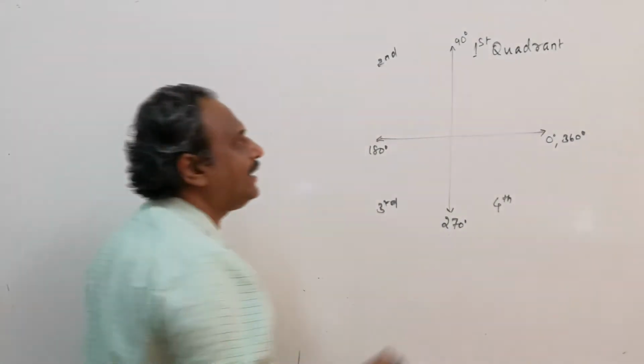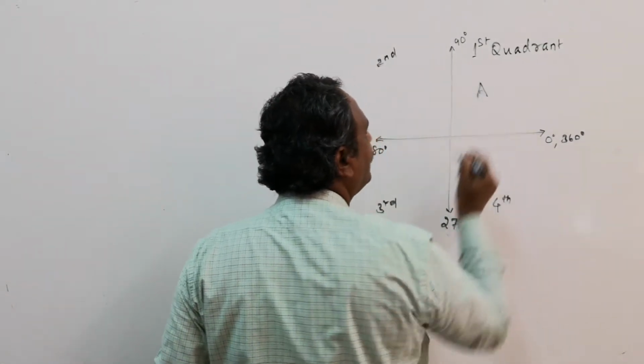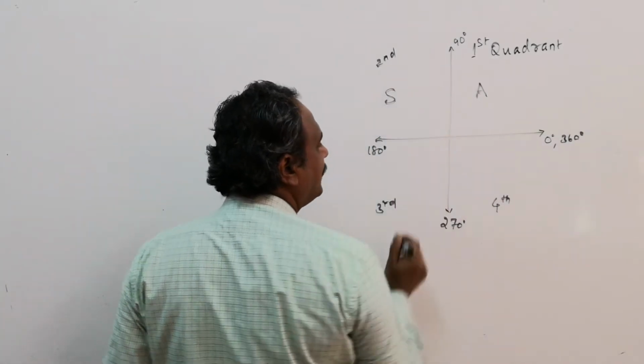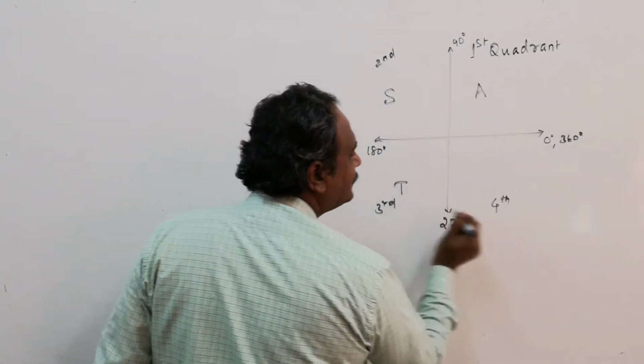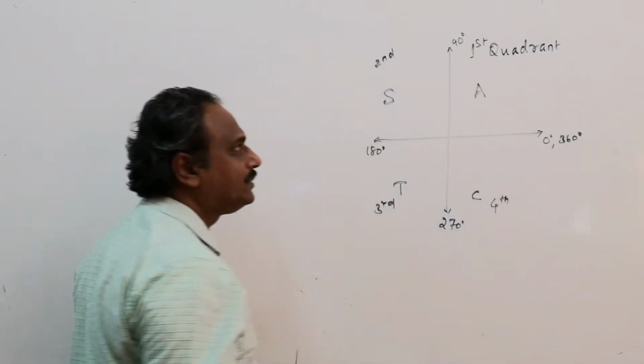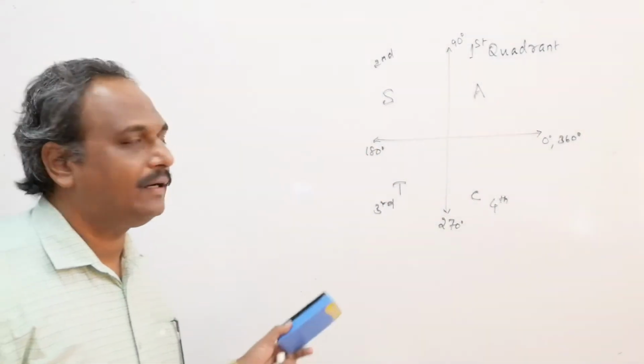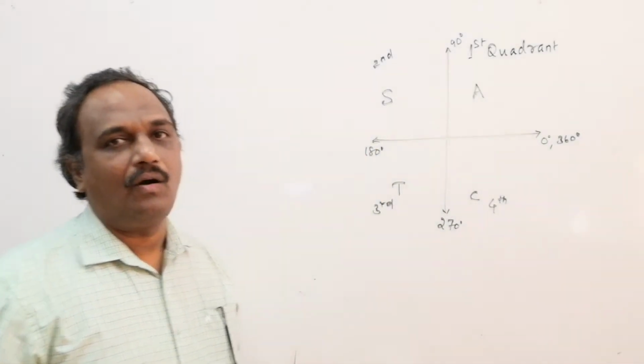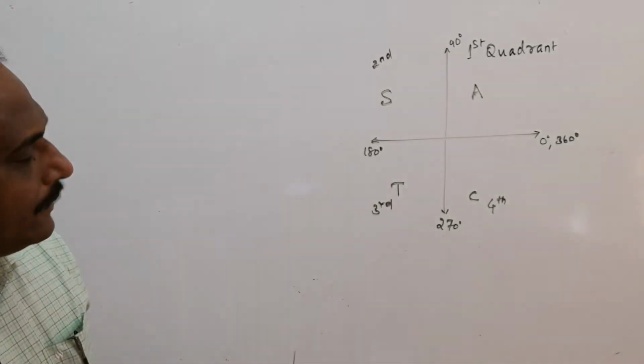And then we defined here all the values of plus: here sine is positive, here tan is positive, and here cos is positive. All silver tea cups.